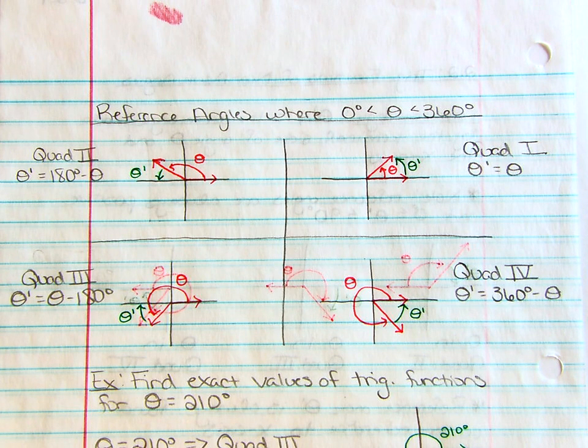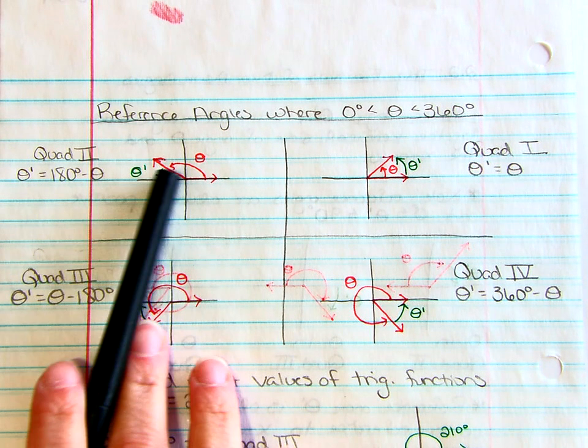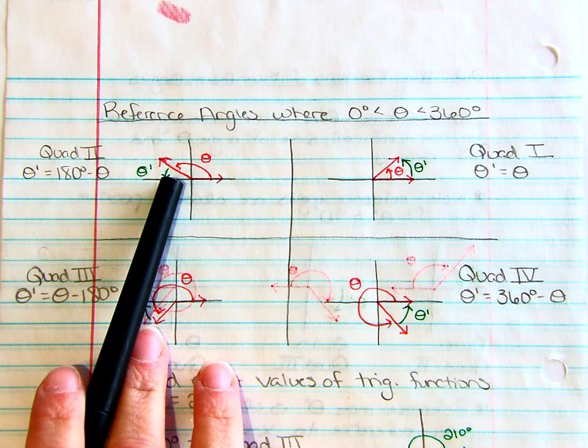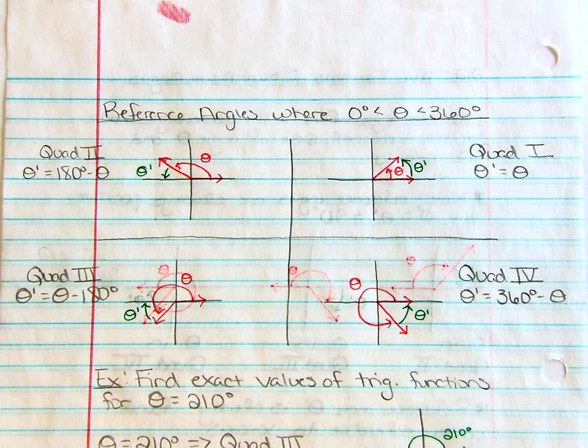But once you get out of quad 1 and you're in quad 2, then you are dealing with angles that are obtuse. And so your reference angle is going to be found by taking 180 minus theta. Notice on quad 2, it's 180 minus theta because your theta is going to be less than 180 degrees. And your reference angle always stays positive.